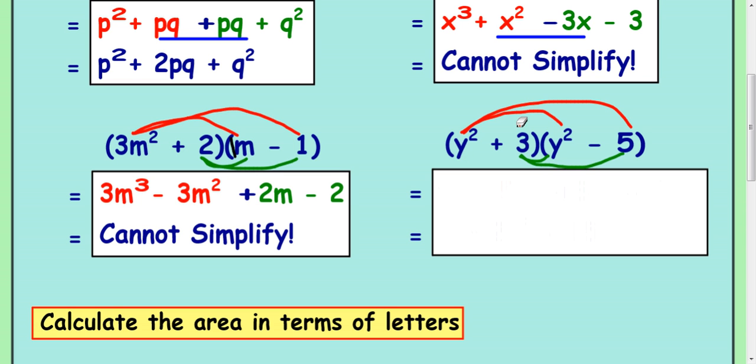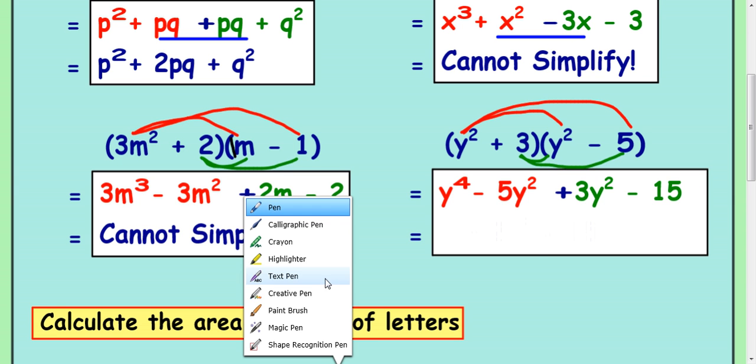Okay, so I'm doing y squared times y squared. So that's y times y times y times y. That's y to the power 4. Y squared times negative 5 is negative 5y squared. 3 times y squared is a plus 3y squared. And plus 3 times negative 5. So signs are different, negative answer, negative 15.